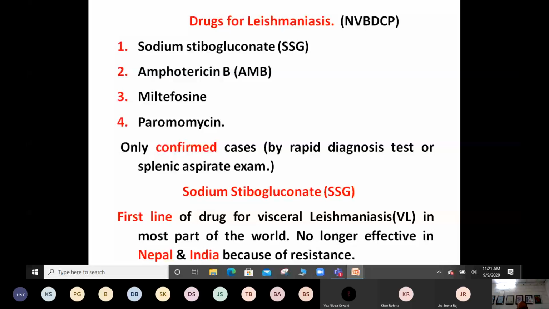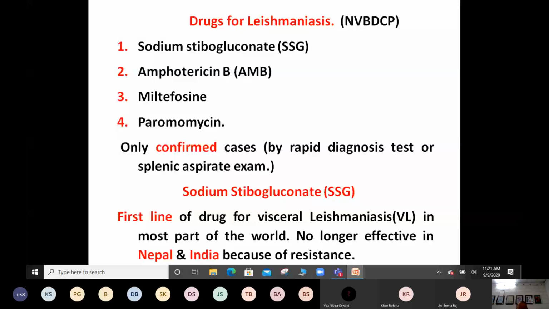Leishmania control is governed by what is called the National Vector-Borne Disease Control Program. This is a national program intended to eliminate Leishmaniasis. As I said, it is endemic in certain tropical countries, including India and Nepal.